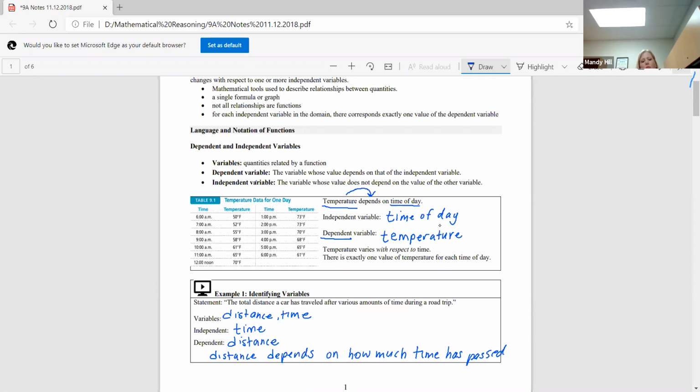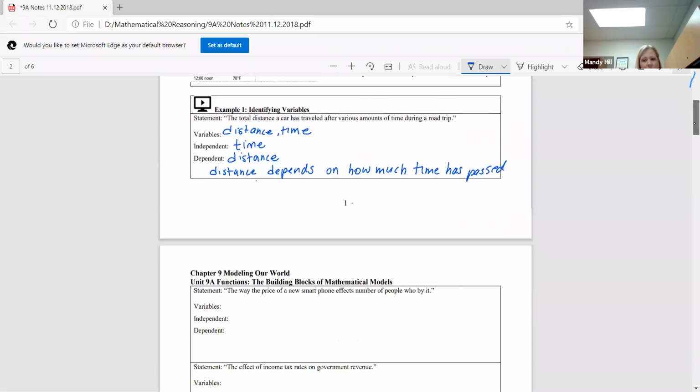Okay, so if we're in our car and we're driving along and 1 minute has gone by, well, our distance is not going to be very much. If we've driven our car for 60 minutes, then the distance is going to change by quite a bit. So the distance depends on how much time has gone by. That's why the distance is dependent and time is independent.